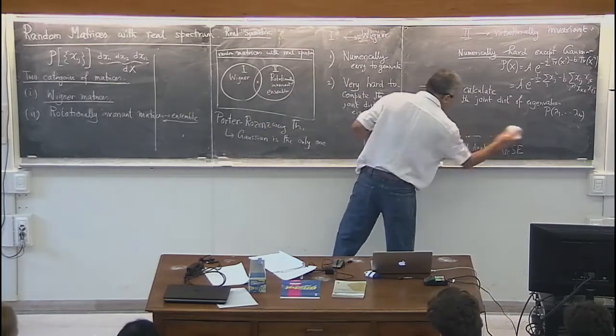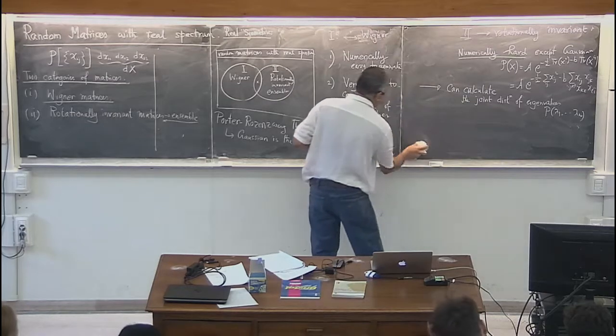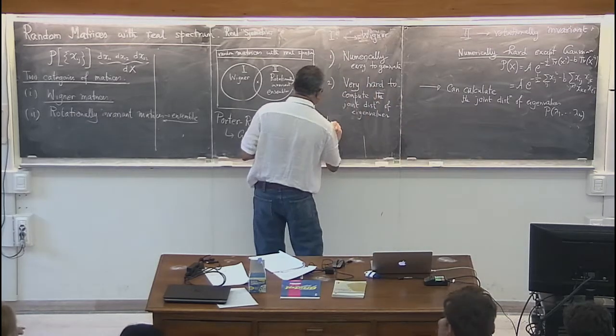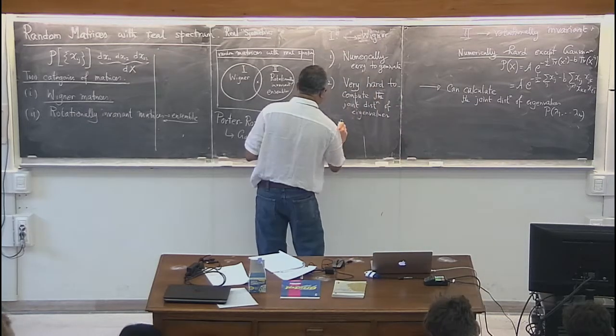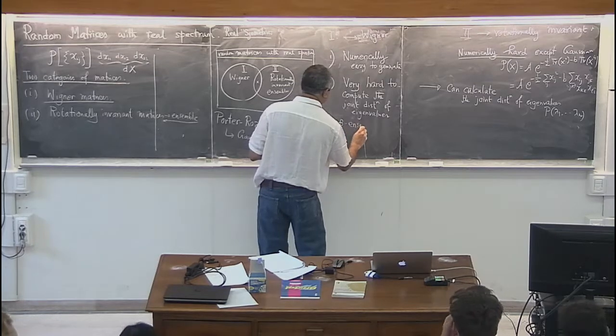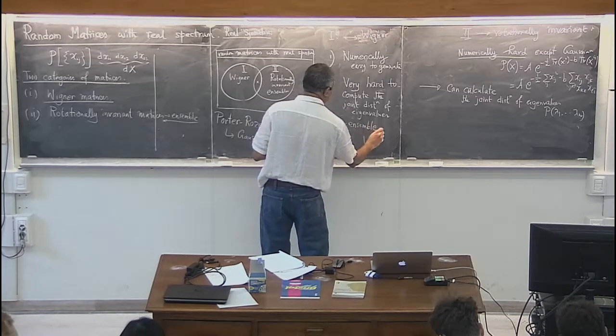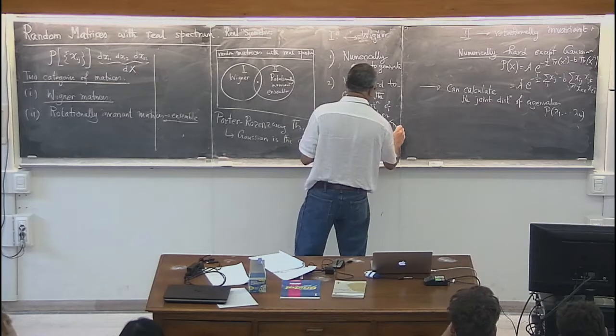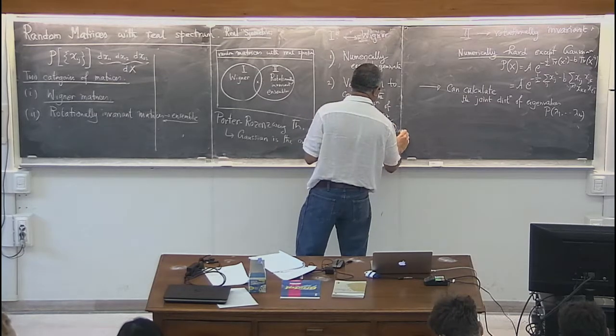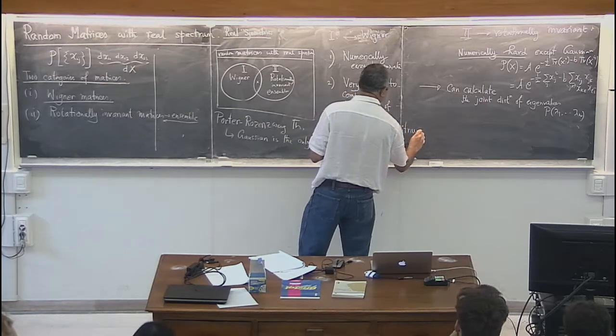There is one exception here for Wigner matrices, which is called the beta ensemble. This is a very non-trivial result by Dumitriu and Edelman.